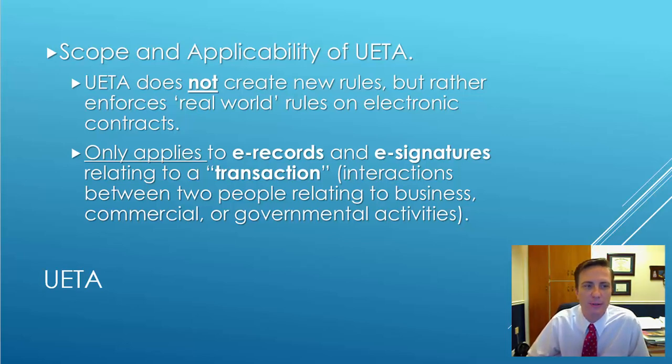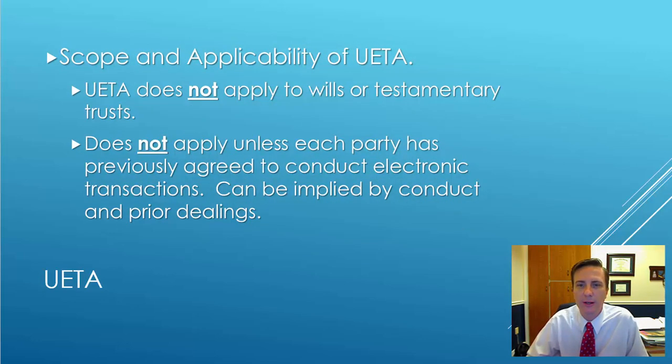It's the Uniform Electronic Transactions Act. It does not apply to wills or power of attorney or legal documents that are not part of a deal. So we're talking about interactions between businesses. Doesn't apply to wills or trusts, and does not apply unless both parties have agreed to conduct an electronic transaction. You can still opt out if you prefer not to do that.